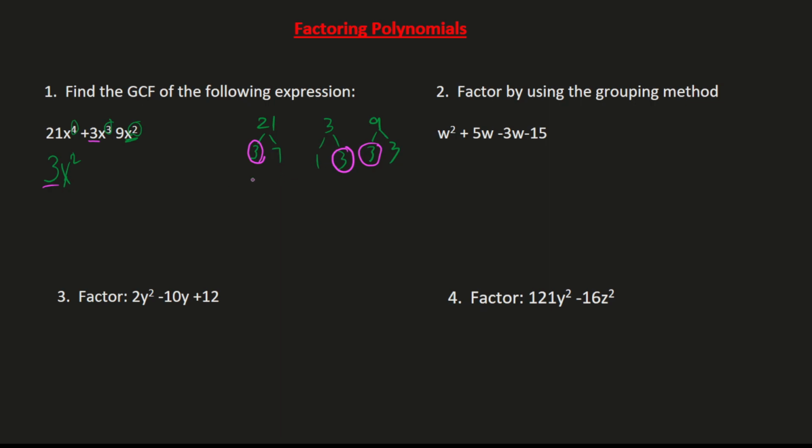So basically I can write 21 is equal to 3 times 7, 3 is equal to 1 times 3, and 9 is equal to 3 times 3. Take a look at this, it's another way I'm showing you how to find a GCF.